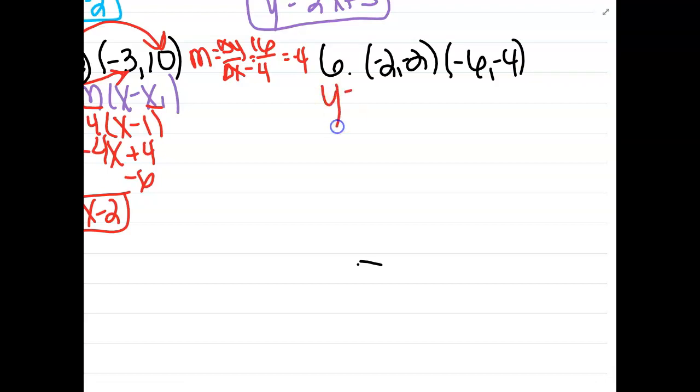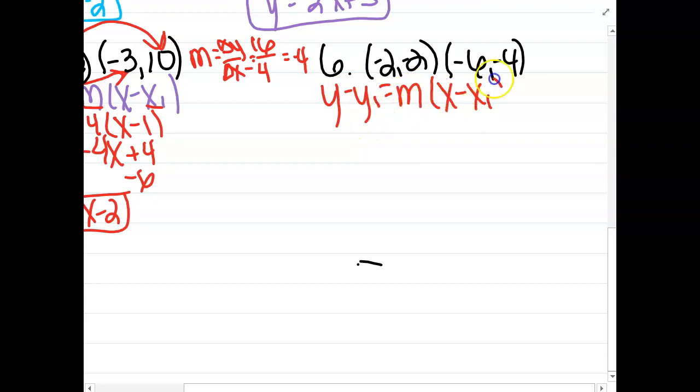Remember, we're going to use point-slope form. Y minus y1 equals m times x minus x1. I need a y1, an m, and an x1. I actually have two x1s and two y1s. But I need my slope.